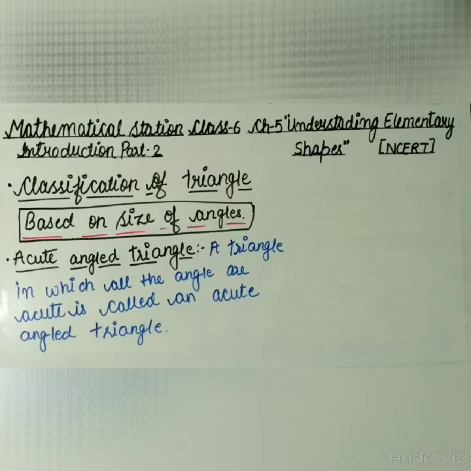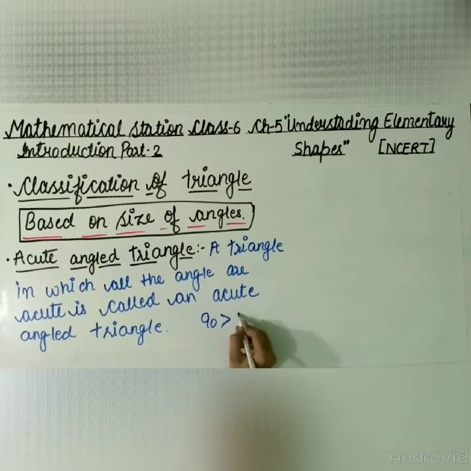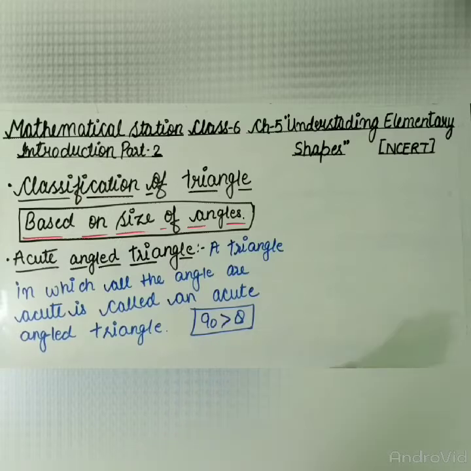Means the triangle which has all the three angles, acute angles, is called an acute angled triangle. Means all the angles will be smaller than 90 degrees. Okay.